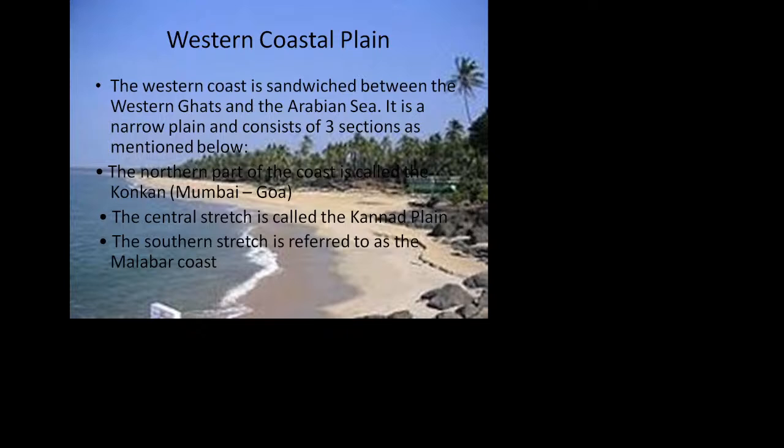The banks of Narmada are lined with Hindu shrines and temples. The Godavari is also known as Dakshini Ganga, or Ganga of the South.